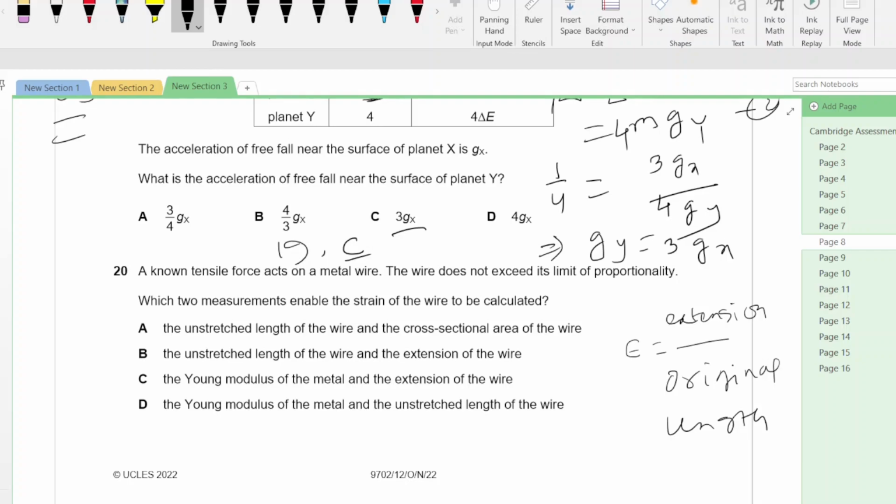Therefore, if we know the unstressed length, that is the original length of the wire, and the extension of the wire, we can calculate strain. Therefore 20, answer is B.